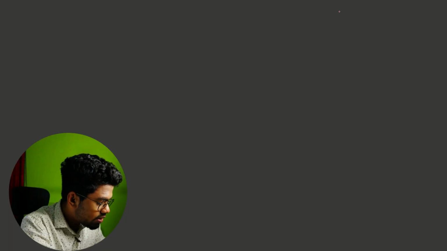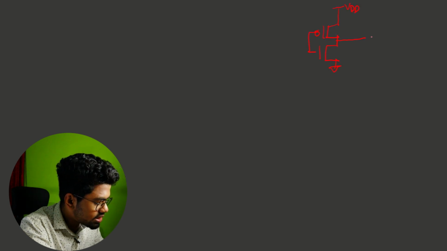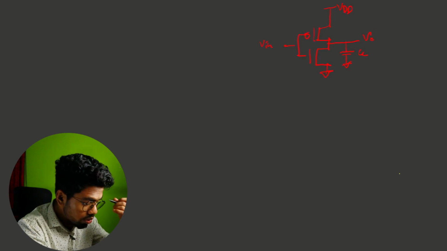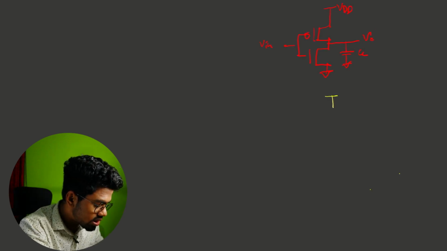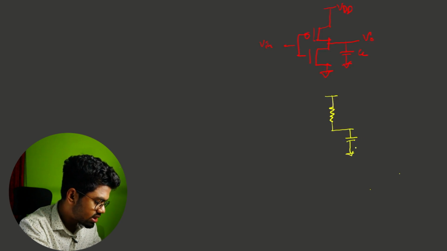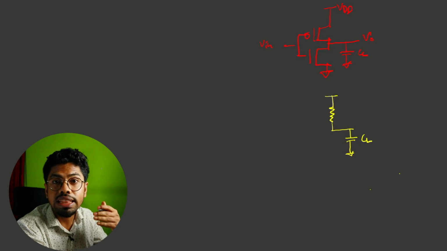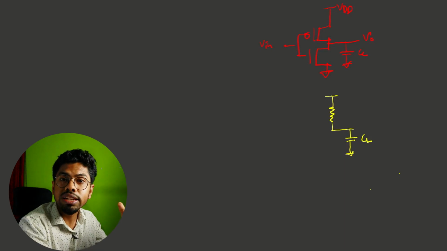So let's get started. We know from our previous discussion that if this is our inverter, this is our output node, and this is our input node, and here we have a capacitance which is CL, the load capacitance. Whenever we are charging this load capacitance, charging means in the output we need a high voltage.